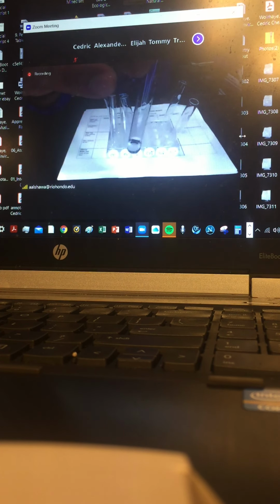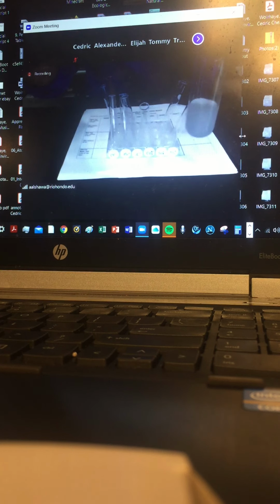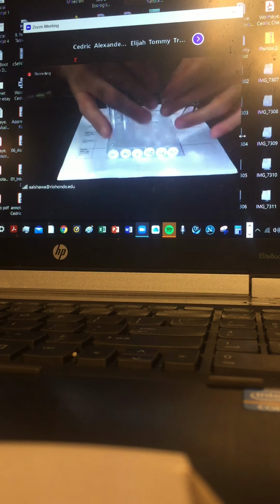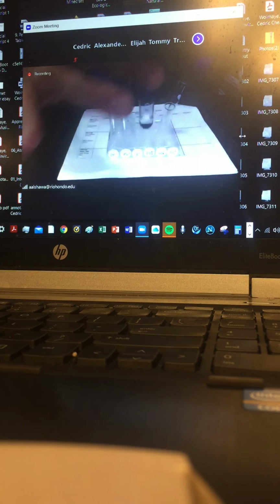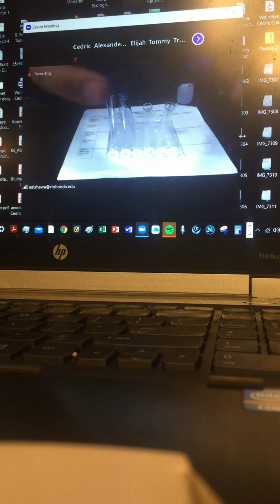So we add 2 drops of the barium chloride. This is the sulfate. Once again, here's the outcome. You can see it. It's the addition of barium chloride to sodium carbonate, and the addition of barium chloride to the sodium sulfate. That's how they look. Now I want to add barium chloride to the phosphate.